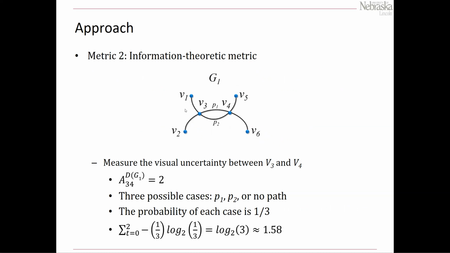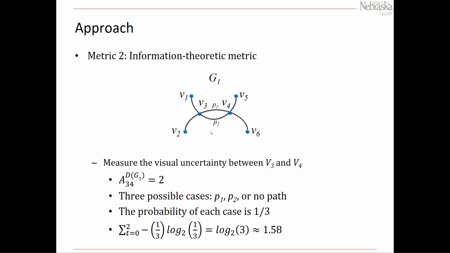So basically, we assume we have a very simple edge bundling result. We only have V1, V2, and toward V6, so we have 6 vertices. And we want to measure the visual uncertainty between V3 and V4. And we can see there are 2 paths between V3 and V4, P1 and P2, so the corresponding matrix entry is 2.